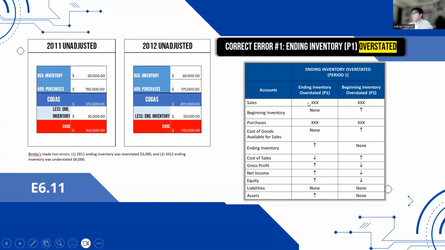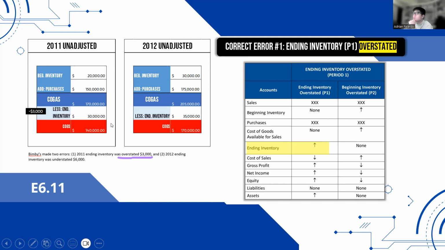One way is really memorizing this table, or you can just follow the logic. Our ending inventory is overstated by 3,000. So if this is overstated, we have to subtract 3,000 so it is correct. What does it affect?